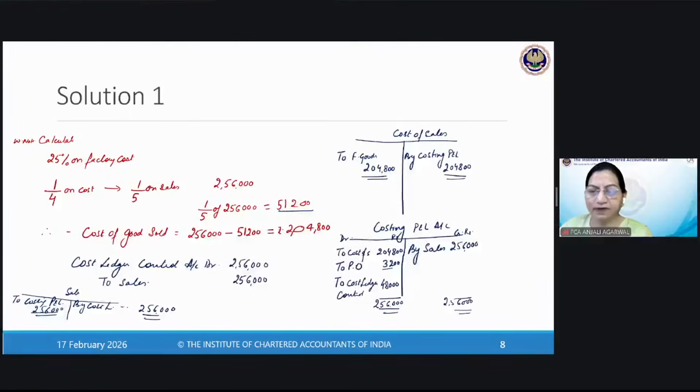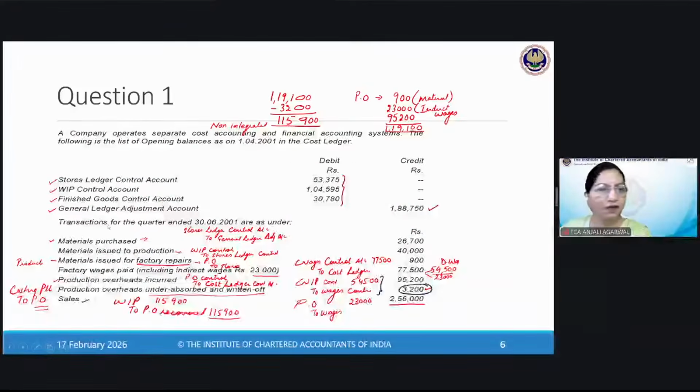Now what is left? One very important account is left. Which one? The cost general ledger adjustment account. So all throughout you will not use the word cost ledger control account, you will use general ledger adjustment account. So let us prepare the general ledger adjustment account.